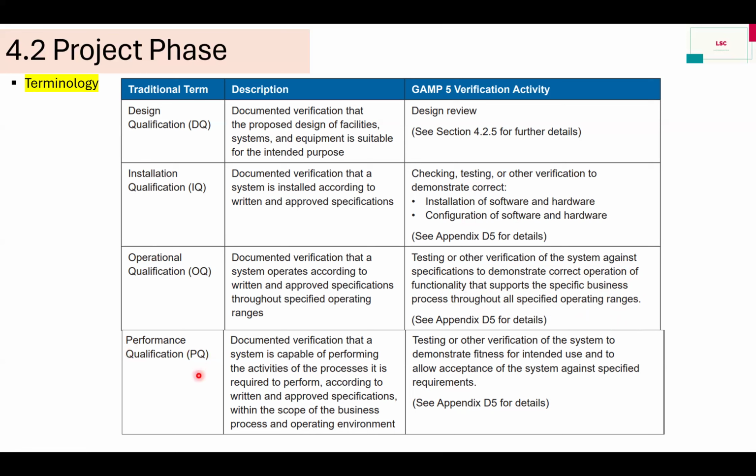Then PQ, documented verification that a system is capable of performing the activity of the process it is required to perform according to the written and approved specification within the scope of the business process and operating environment. So GAMP5 says testing or other verification of the system to demonstrate fitness for intended use and to allow acceptance of the system against specified requirements.